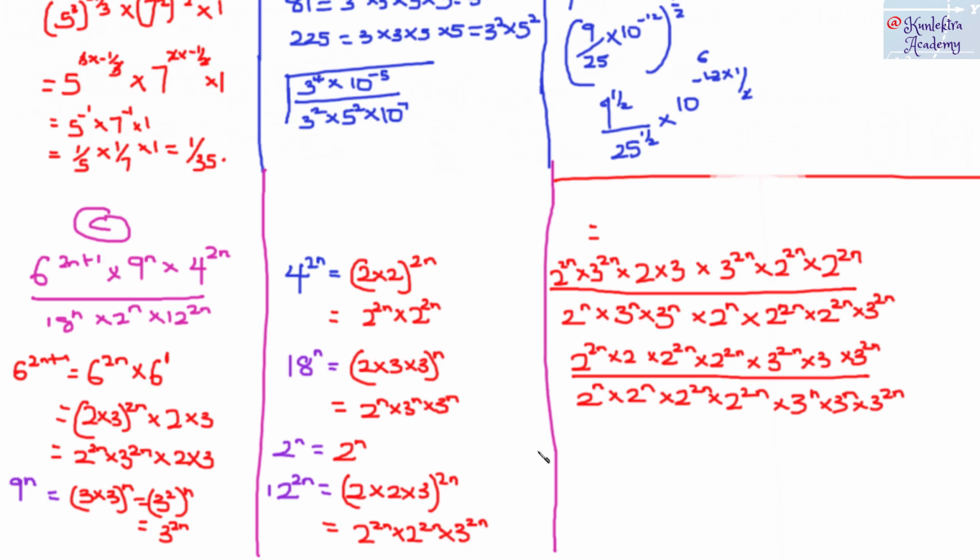Then find the indices. They have the same base, so you add up their indices, their powers, for ease.